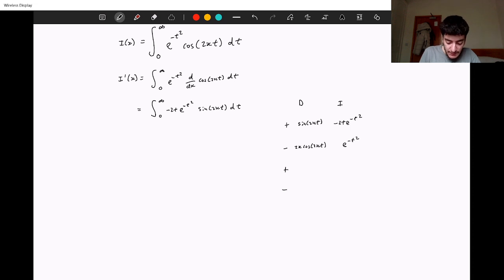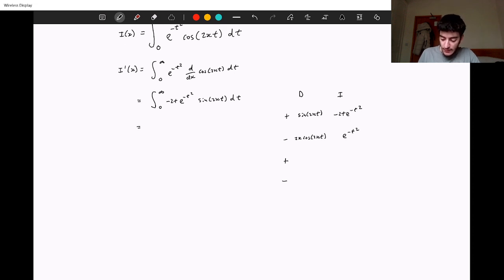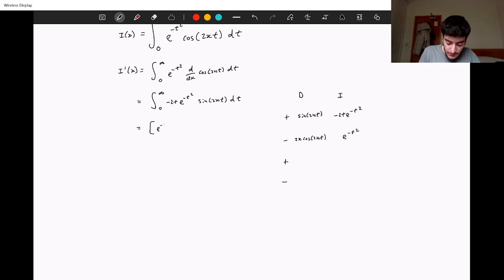So now this is equal to e to the minus t squared. You may think, what's going on here with this DI method? Basically you multiply across and then do the limits. If it was an indefinite integral with no limits, then the integral would literally be these two functions times the integral of these two functions.